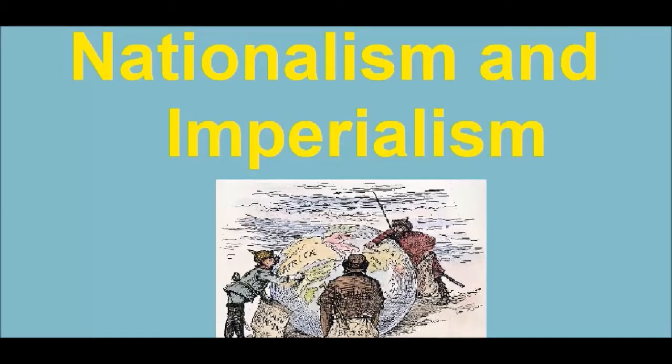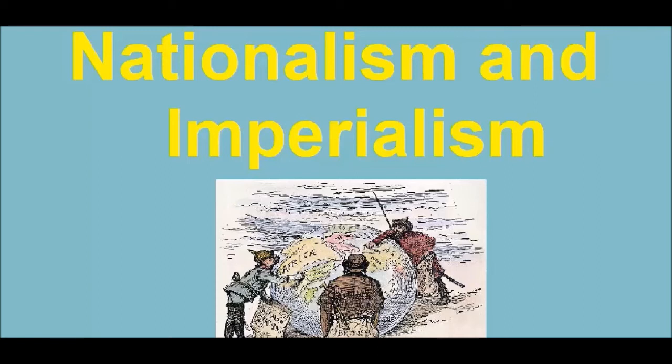Nationalism and imperialism is our next topic. What is the meaning of nationalism and what is imperialism? Think about it. Nationalism means feeling for one's own country, and imperialism is a term when a strong country occupies a weak country and uses the local resources of that weak country for its own benefit.